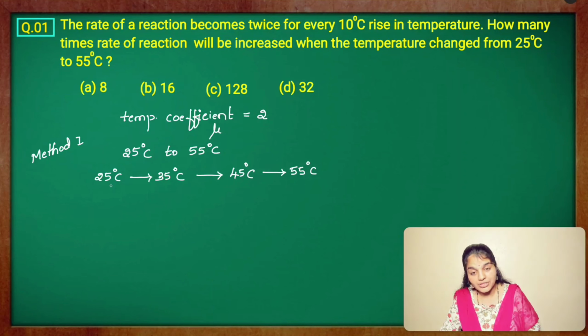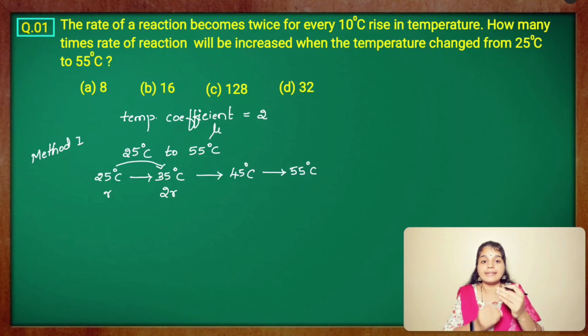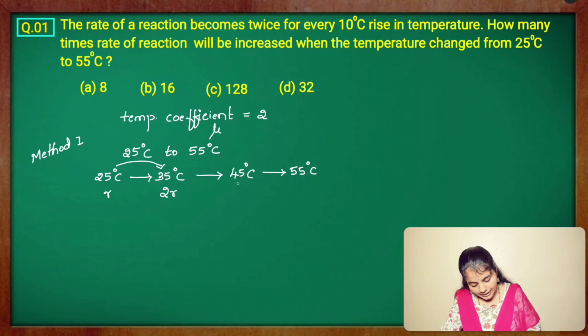So when the temperature is increased from 25 to 35 degrees centigrade, if the initial rate of reaction is R, then after 10 degree rise in temperature, rate of reaction will become 2R. Again, 35 to 45 degrees centigrade, 10 degree increase in temperature is observed. So now the rate will become 2 times 2R. So the rate is 4R.